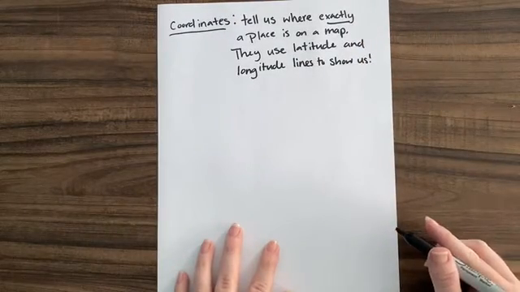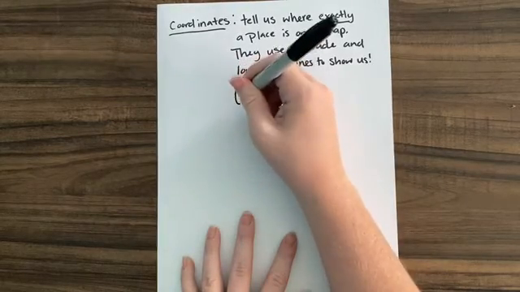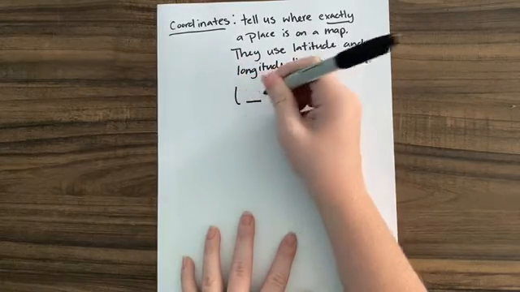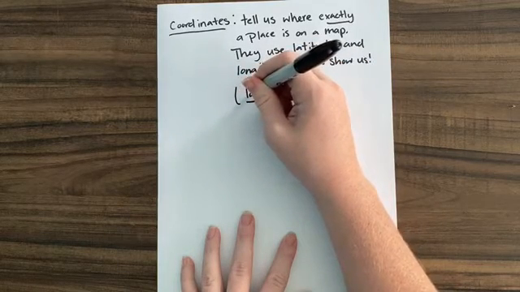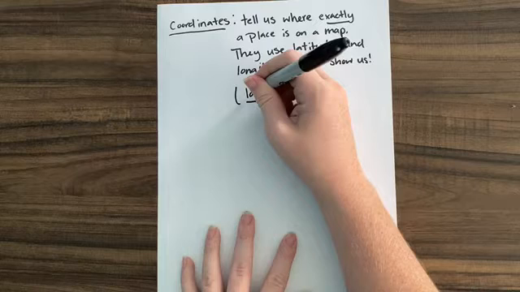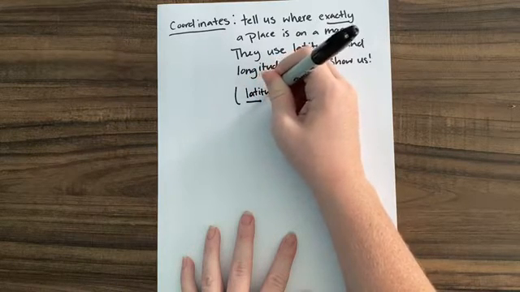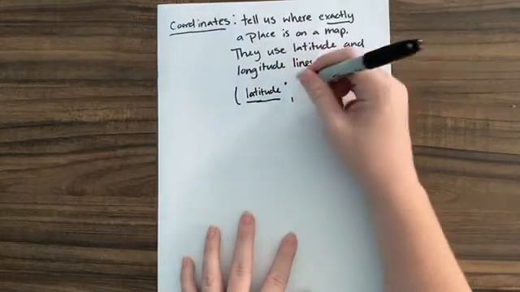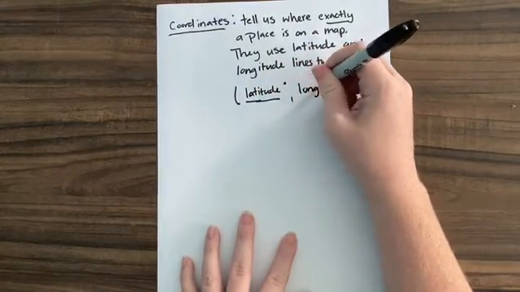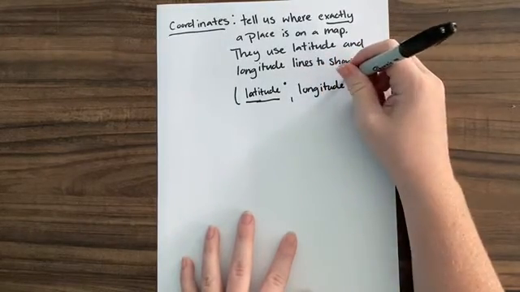So when we write coordinates, we will write them latitude, degrees, longitude, degrees.